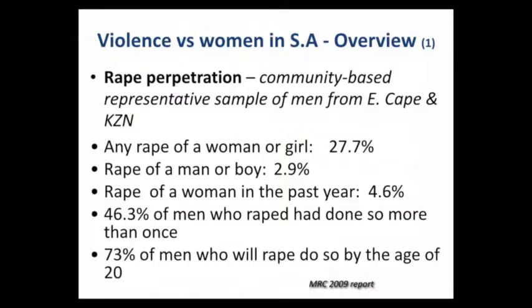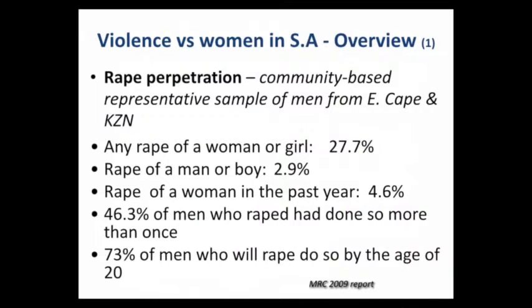Nearly 28% of men reported that they'd ever raped a woman or a girl. And nearly 3% reported that they'd raped another man or a boy. Nearly 5% reported that they'd raped a woman in the last year.